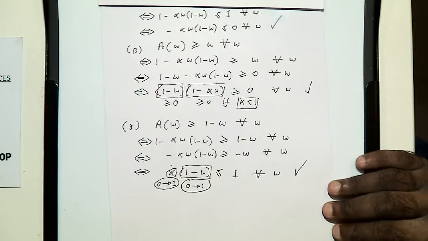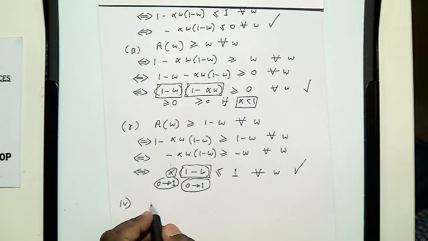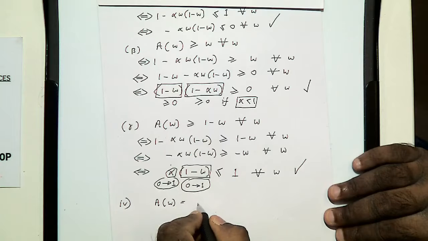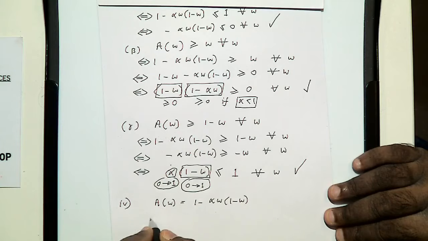Okay, guys. Now finally, condition number 4 is to check whether A is a convex function, and I told you how to check that a function is convex or not. What you do is you first of all take the first derivative.